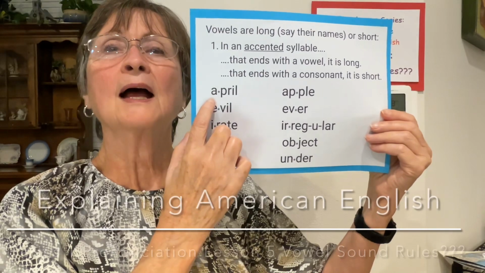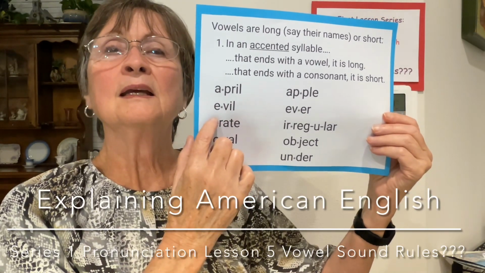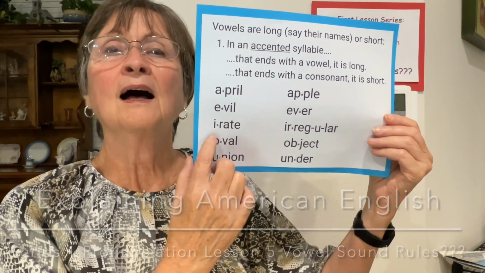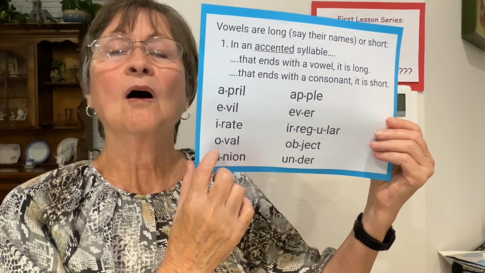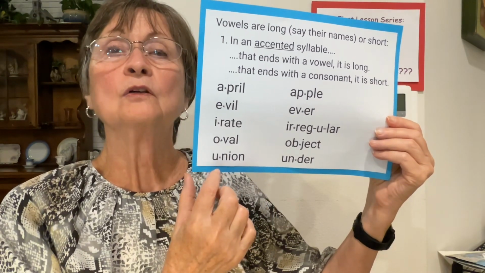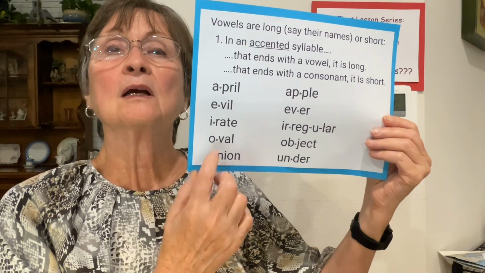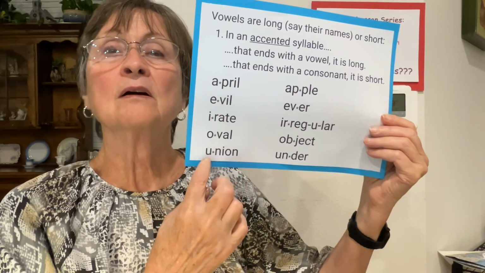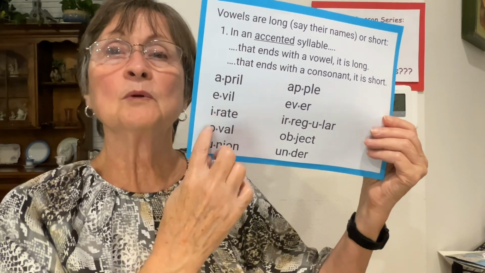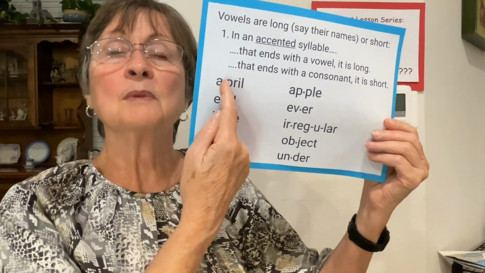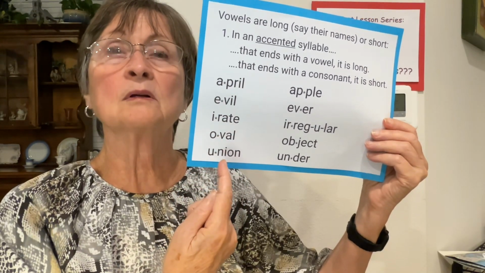So, April, evil, irate, oval, union. It's there in a syllable by itself. The little dot means that's where we broke it into a syllable.